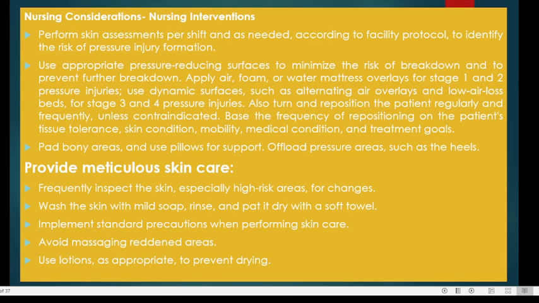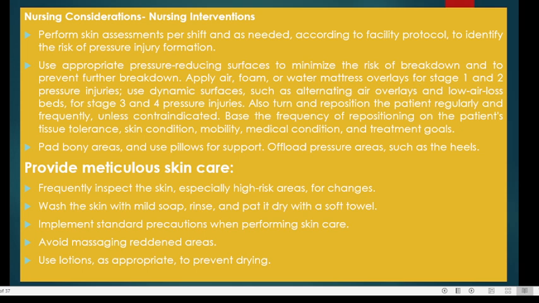Nursing considerations. We need to perform skin assessments per shift or as needed according to the facility protocol to identify the risk of pressure injury formation. Also use appropriate pressure reducing surfaces to minimize the risk of breakdown and to prevent further breakdown. Apply air, foam or water mattress overlays for stage 1 and 2 pressure injuries.